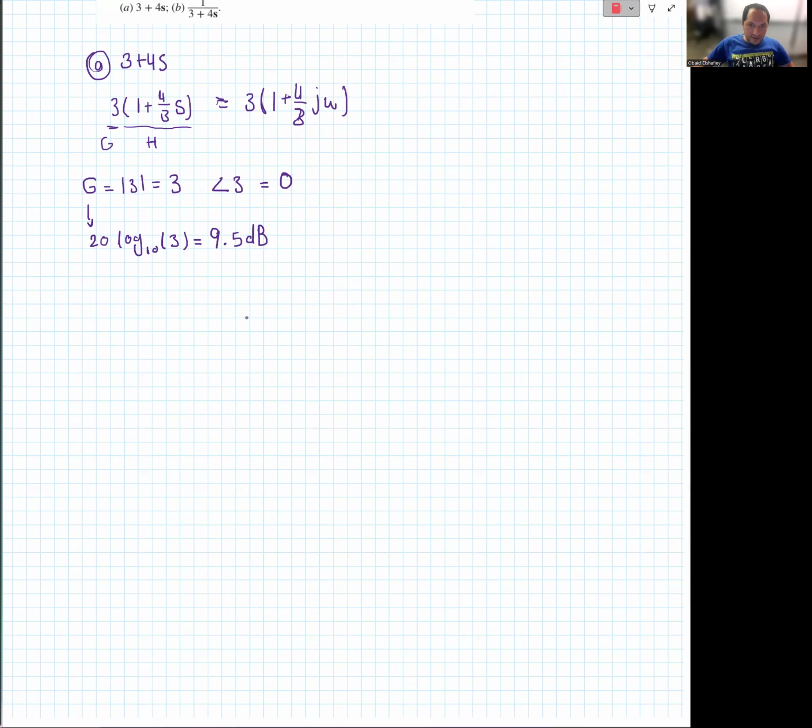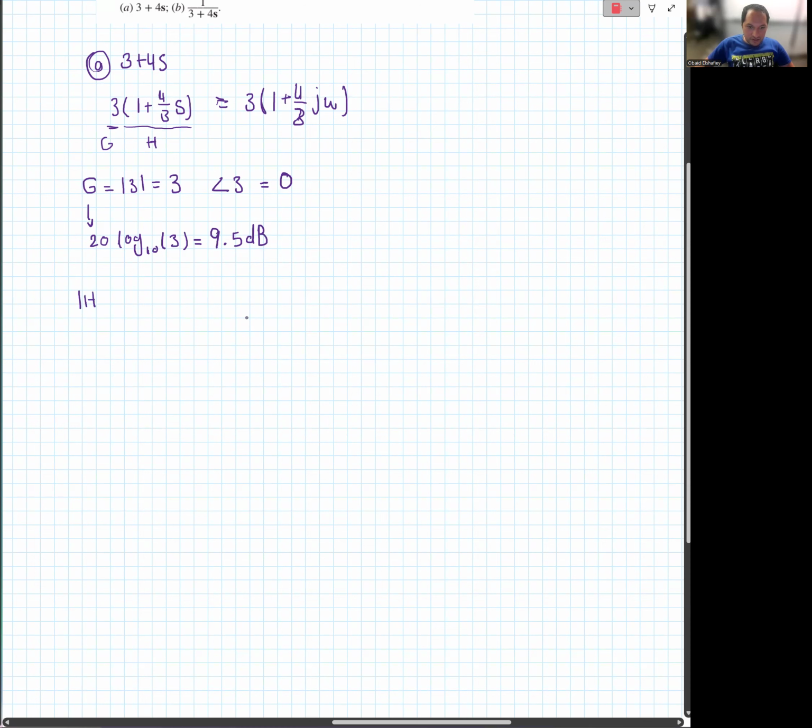For my second part, which is H, the magnitude of H equals, as we are familiar, you can use the forms provided in the notes. Your life will be much easier, but for explaining the process, we just solve for the magnitude the way we are used to.